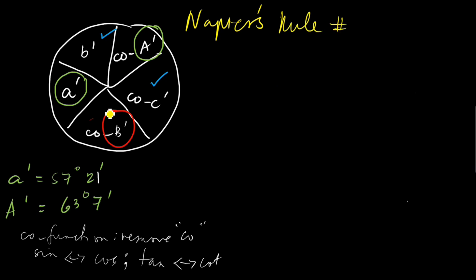Looking at our circle, this time the middle is the CO, complement of the big A prime. Then these two are opposites. Since we do have opposites, what we are going to use is Napier's rule number 2.